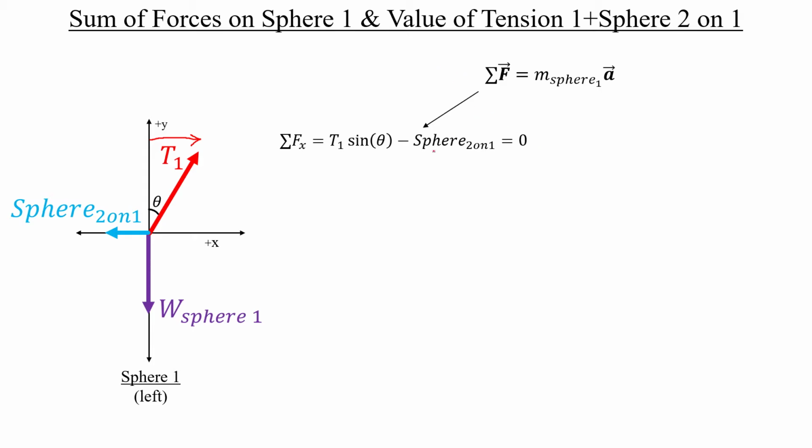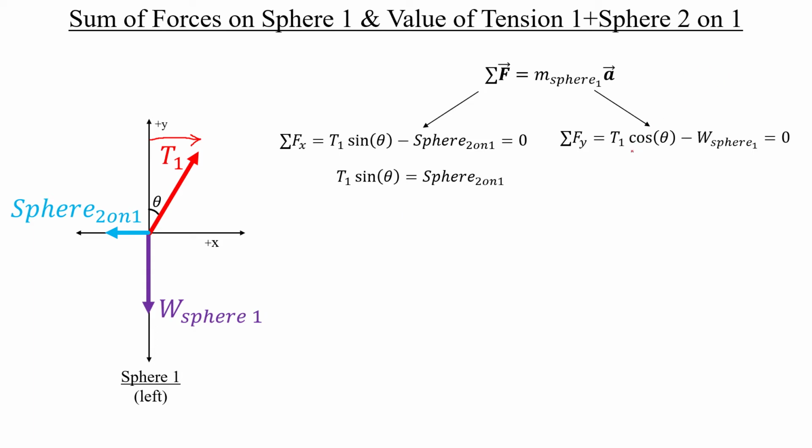That's cool, though, because we can take this quantity, the force of sphere 2 acting on sphere 1, and just move it over to the other side. So now we have a direct relation between these two things here. So that's pretty neat. However, we can't do anything with it right now, so we'll have to come back to it later. Let's switch gears and move into the sum of forces in the y direction instead.